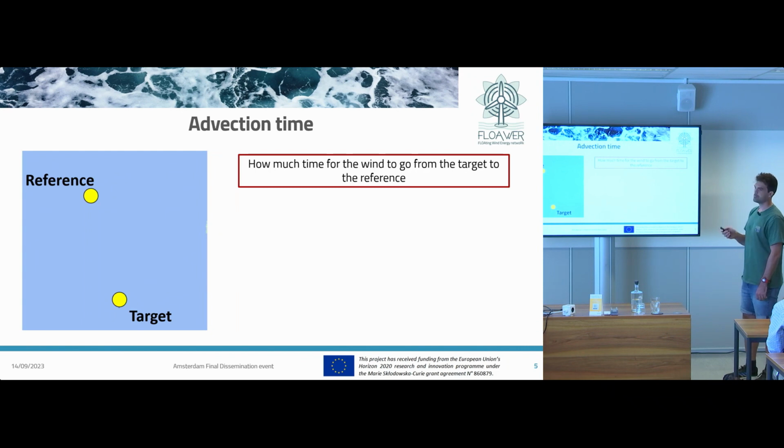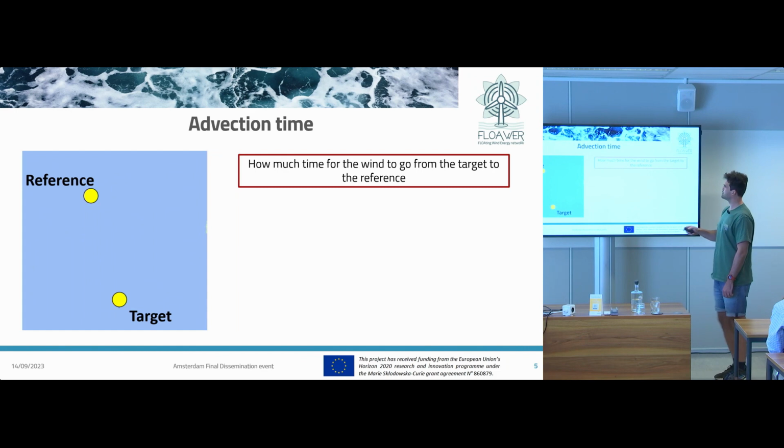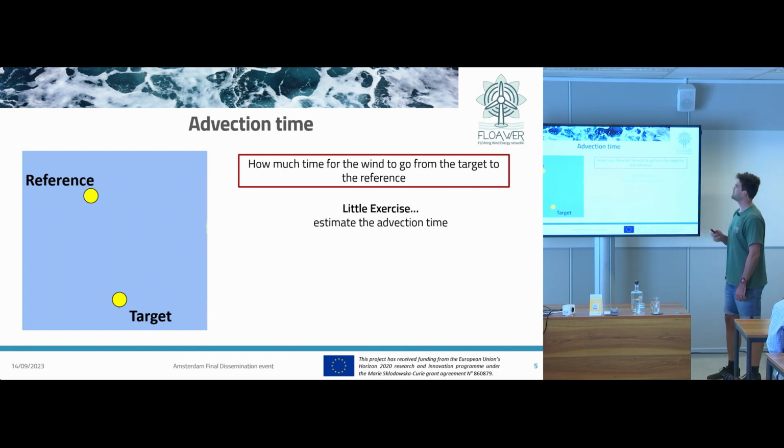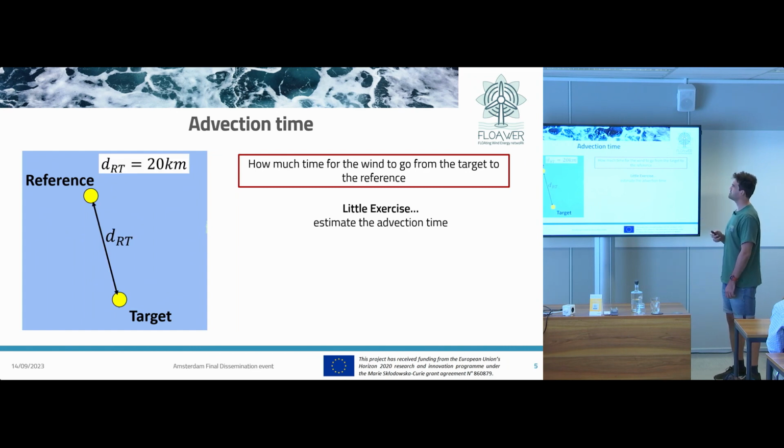So the advection time, I define it as how much time it takes for the wind to go from the target station to the reference station. So let's do a little exercise to estimate the advection time in a typical wind condition. Let's say that the distance between both stations is 20 kilometers.